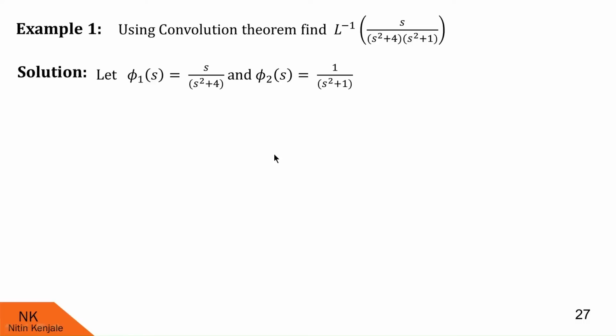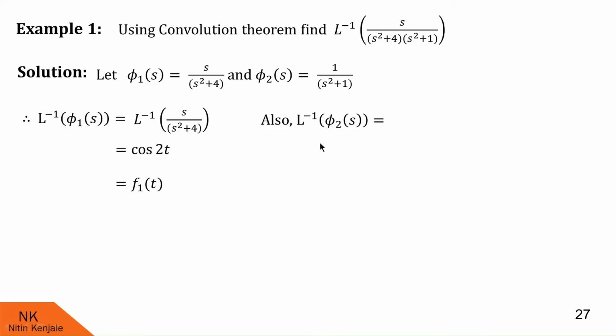Now let us find out L inverse, that is inverse Laplace of phi 1 and phi 2 separately. L inverse of phi 1 means L inverse of s upon s square plus 4, which is nothing but cos 2t. Similarly, L inverse of phi 2 is sin t. We label L inverse of phi 1 as f1t and L inverse of phi 2 as f2t.